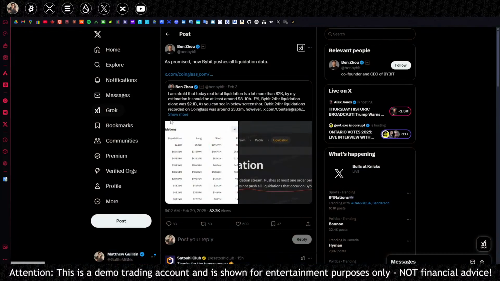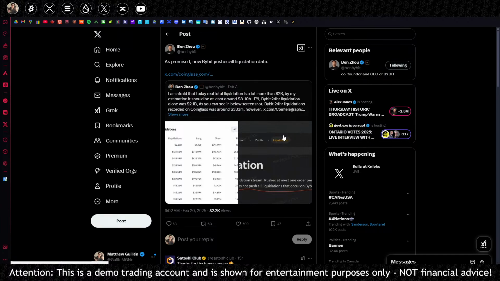But some of the CEOs, for example, from Bybit, was checking this stuff out and said, this doesn't quite make sense because on our platform alone, Bybit, it's already more than half of that number. And it's not a big exchange compared to Binance or Coinbase or whatever.